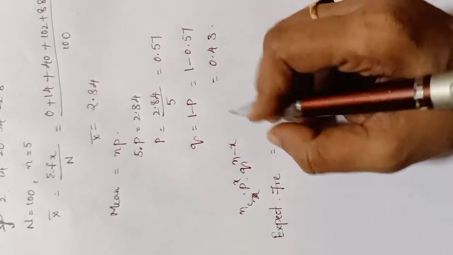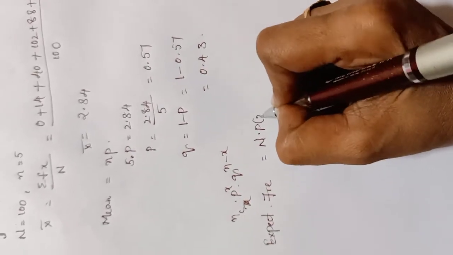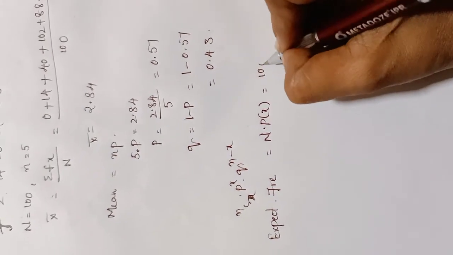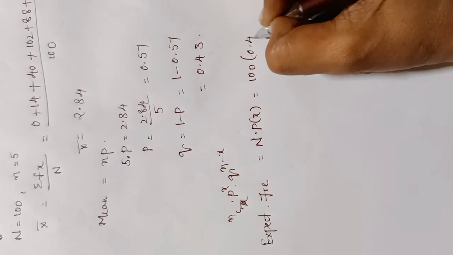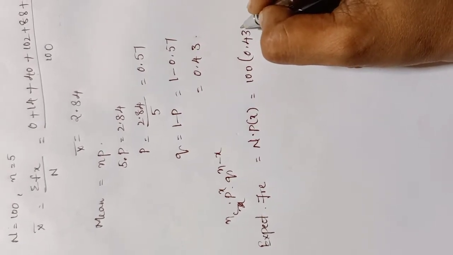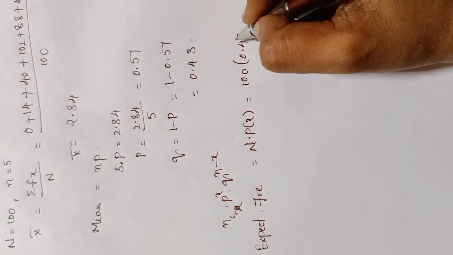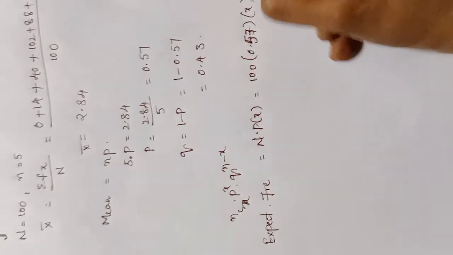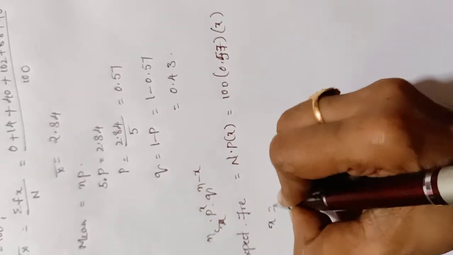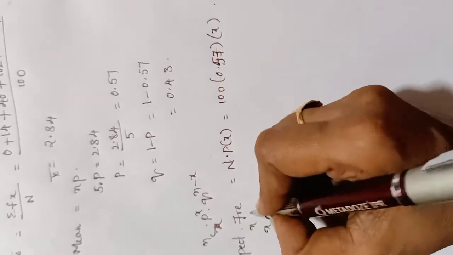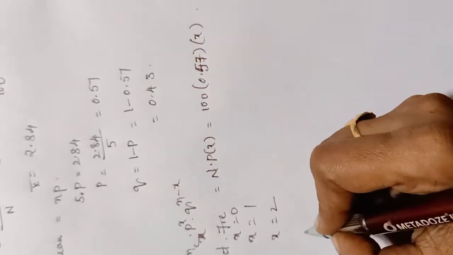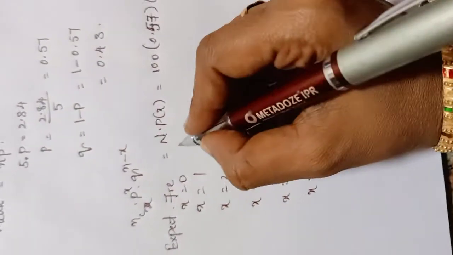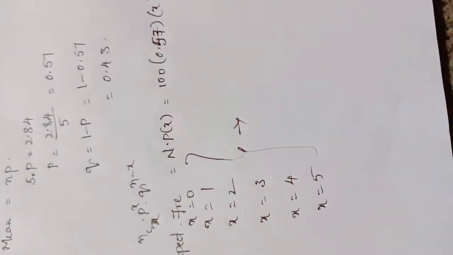Expected frequency is equal to N into p of x, where N value is 100, q is 0.43 and p is 0.57. So here we have to take x equal to 0, x equal to 1, x equal to 2, x equal to 3, x equal to 4 and x equal to 5. So for these values you have to calculate the expected frequencies.